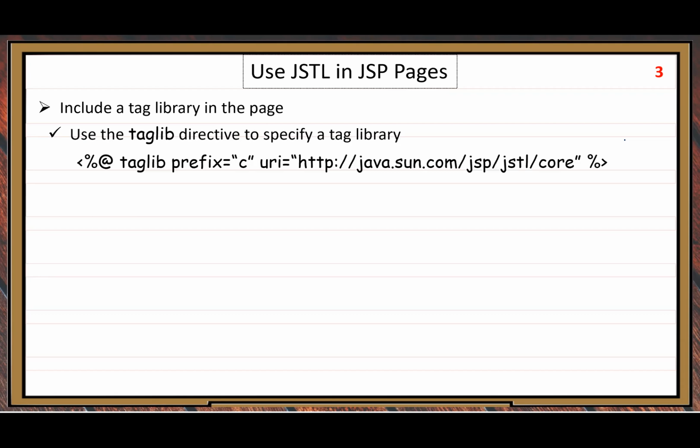Look at this line, taglib core package. Here we use the JSTL core package. For other packages, if you want to use them, you need to do a similar thing. For the function package, you need to put another line to include that function package.